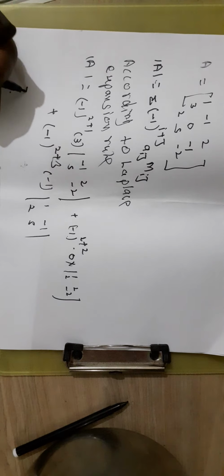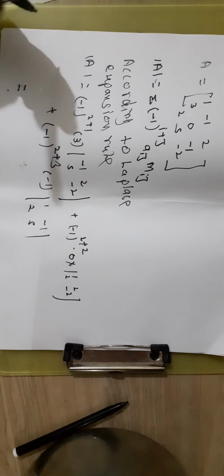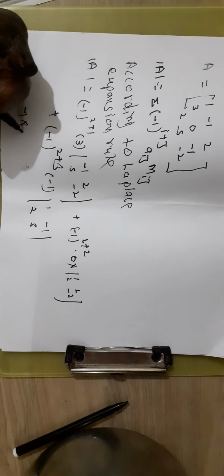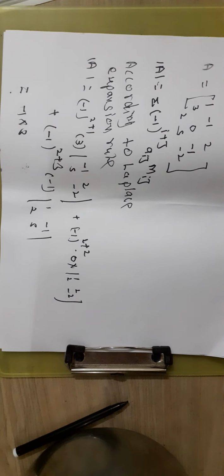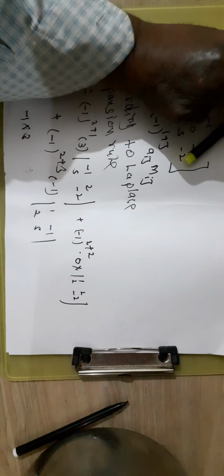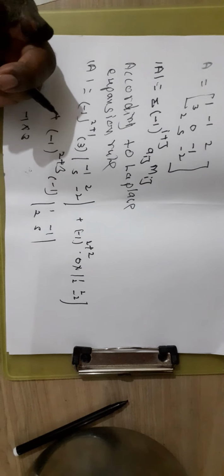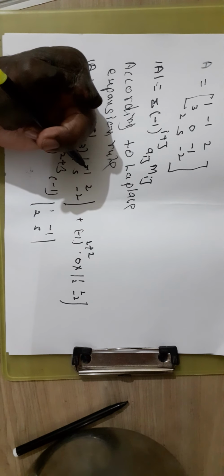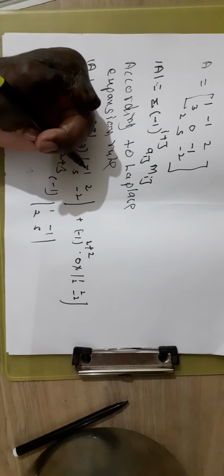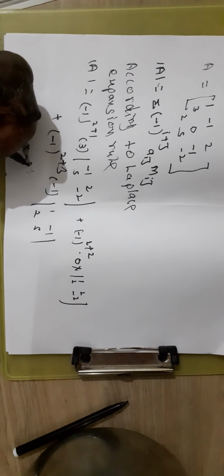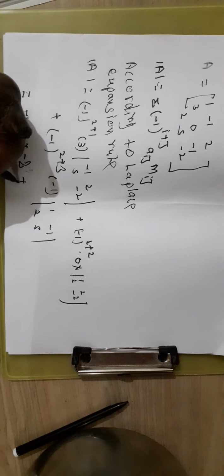This is equal to: here (-1) raised to power 3 is -1, into 3, and this determinant is equal to -1 into 3 into (2 into -10), that is -8 into -8, plus 0.